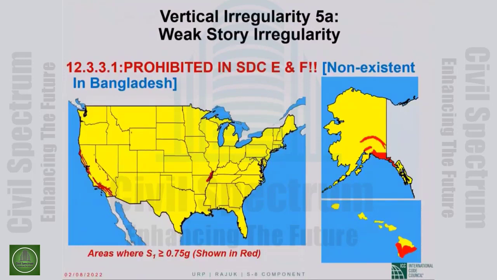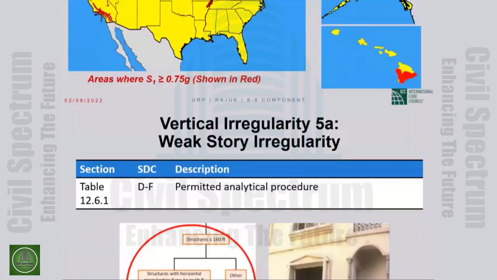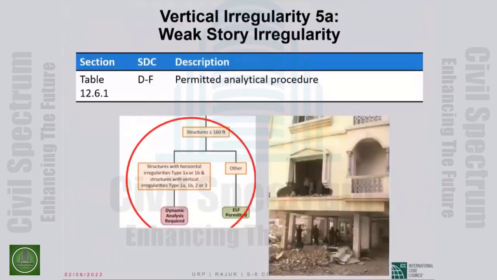This is prohibited in seismic design categories E and F, which do not exist in Bangladesh. D to F, you have to go to this table of permitted analytical procedure and figure out if you have to do dynamic analysis. You may or may not have to.